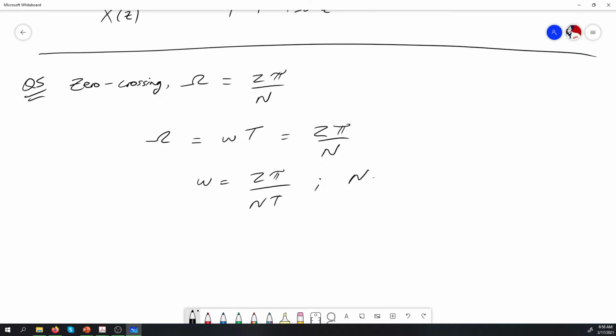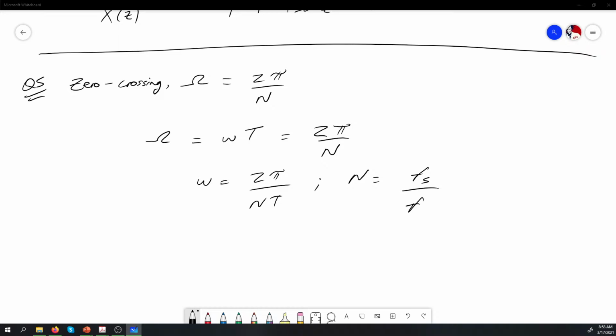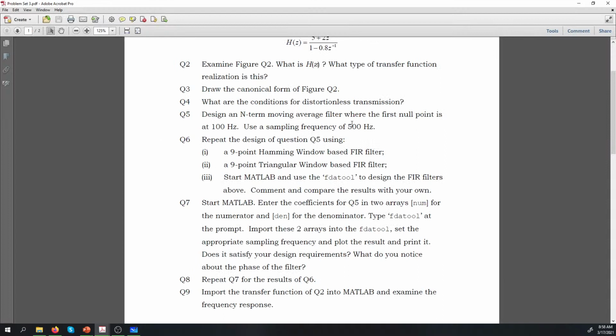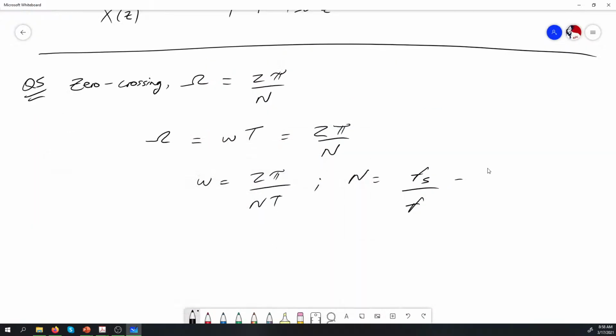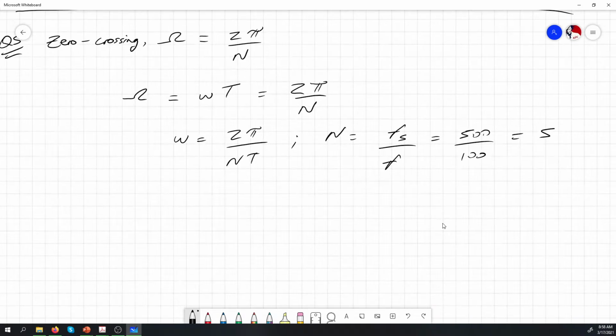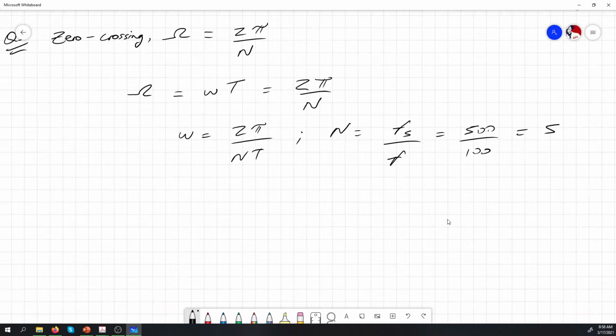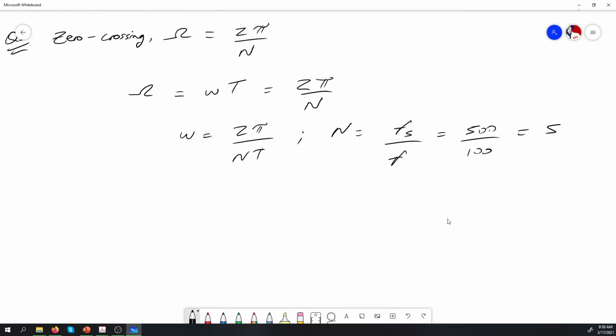N here is equal to our sampling frequency divided by our first null frequency as given by the question. So the first null point here was at 100 Hz, so it's going to be 500 divided by 100 equal to 5. And because we know N is going to be 5, that means we can create a moving average filter with 5 terms.